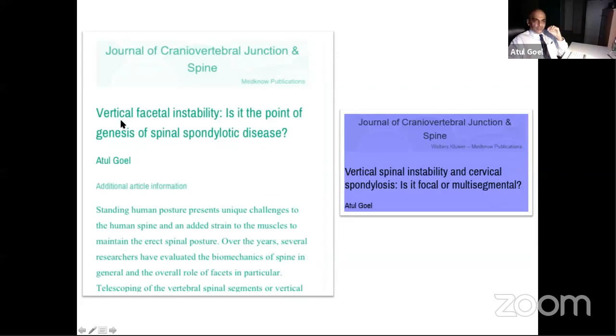I am giving you a concept that the genesis of spinal degeneration is in the vertical facetal instability, not at the disc. Instability at the facetal articulation due to the weakness of the muscles is the point of genesis of spinal spondylotic disease.